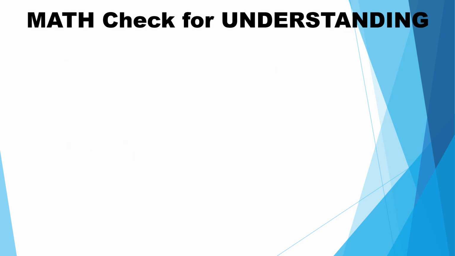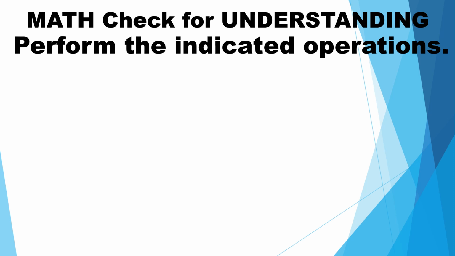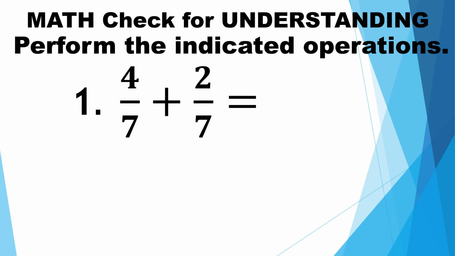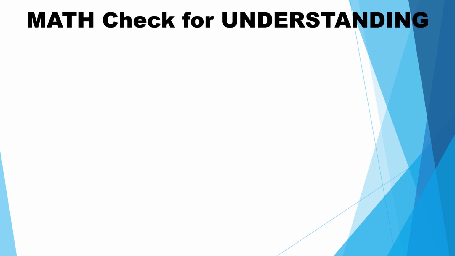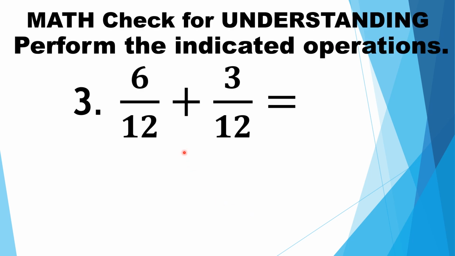Math check for understanding. Perform the indicated operations. Number 1, 4 over 7 plus 2 over 7 is equal to 6 over 7. Number 2, 9 over 10 minus 6 over 10 is equal to 3 over 10. Number 3, 6 over 12 plus 3 over 12 is equal to 9 over 12.